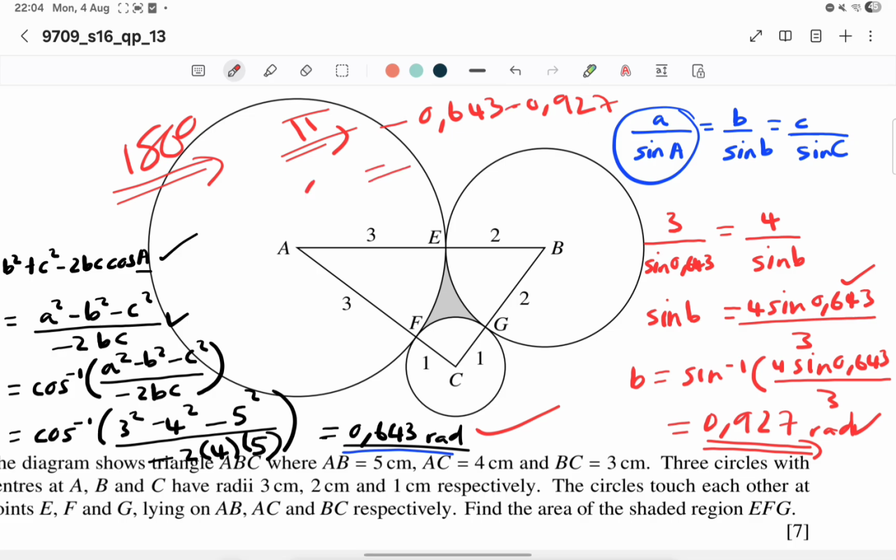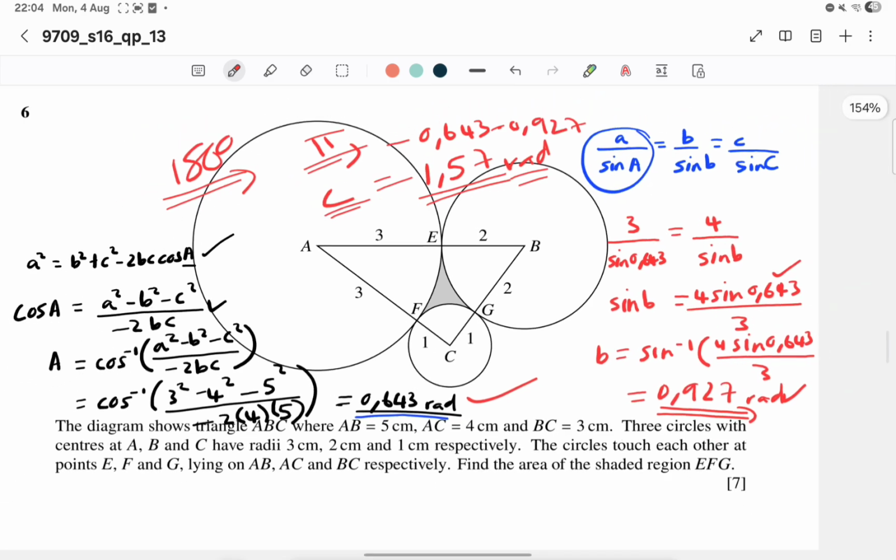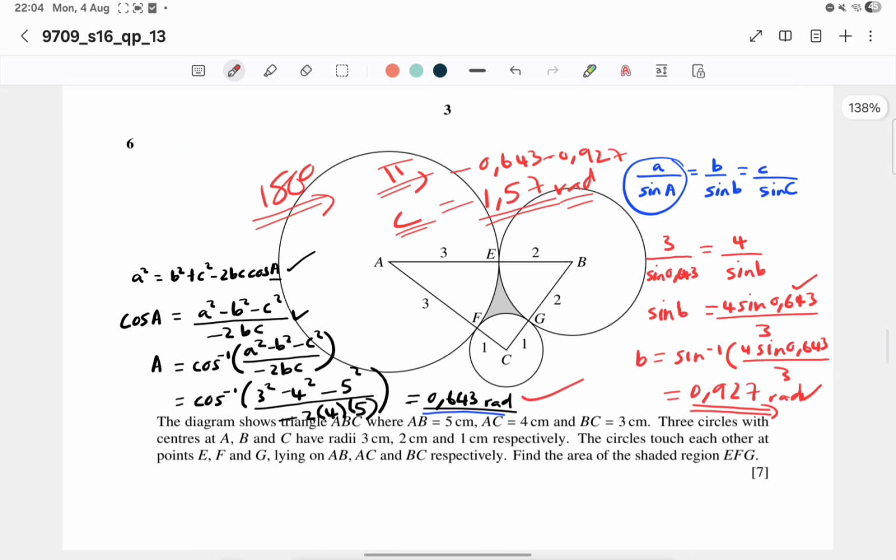Then we get our angle at C to be 1.57 radians.